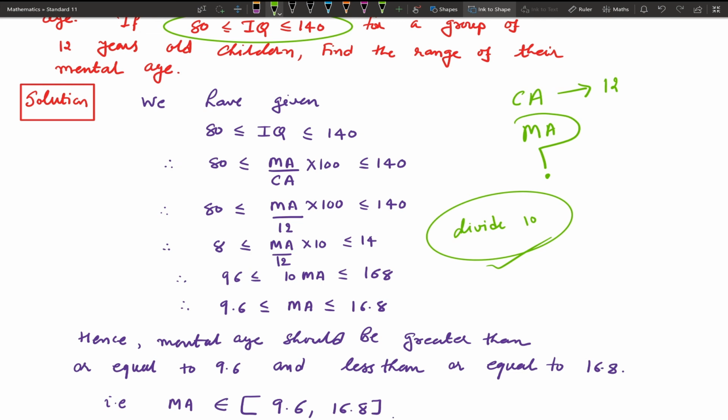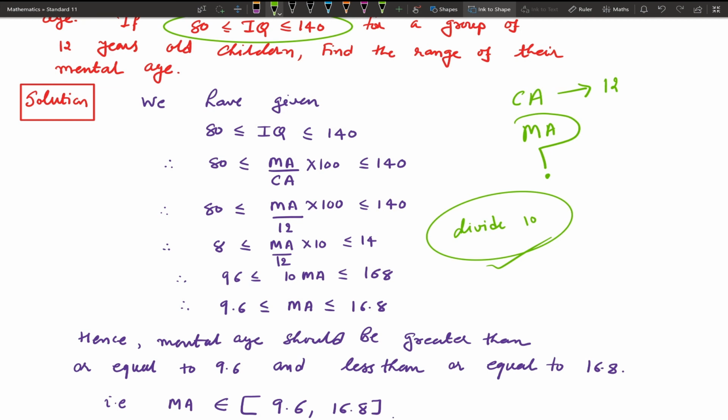So what is the conclusion? Hence mental age should be greater than or equal to 9.6 and it should be less than or equal to 16.8. That is, MA mental age must belong to the closed interval 9.6 comma 16.8.